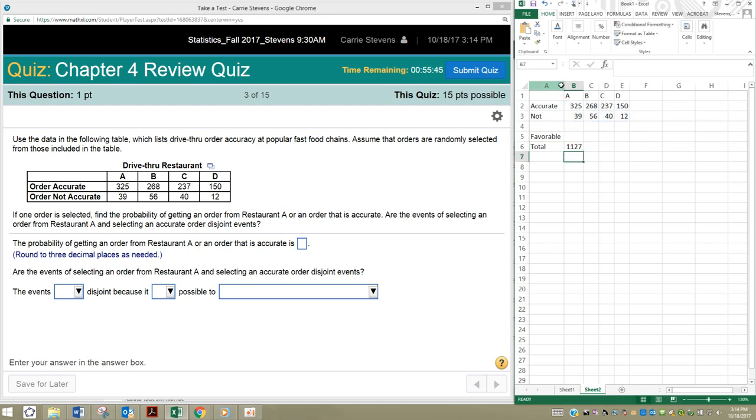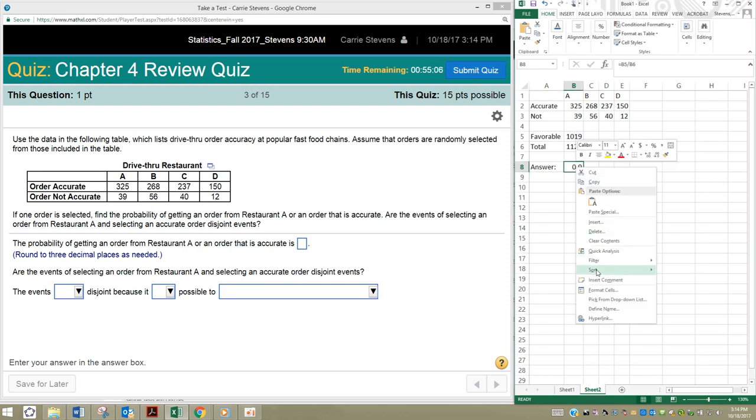That's my N. And then the numerator is going to be all of the favorable events, which are either accurate orders, which is all these people right here, or restaurant A. So this will be the sum of all of these and this one. So my answer, they wanted it to three decimal places, will be this divided by this.